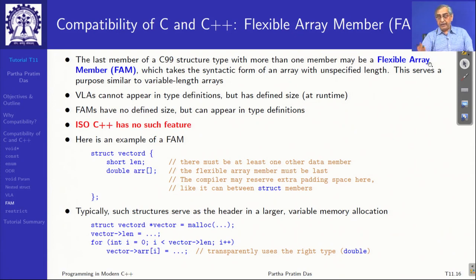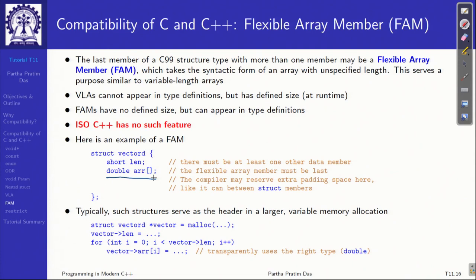Flexible array member is an extension of that, where C allows that the last member of a struct could be an array without specified dimension. So, it could be of any size. Right. So, this is called a flexible array member, which becomes easy for use, because you can get to know the actual data requirement at the runtime, and accordingly it will take care of the number of data you want to put in of the appropriate type.